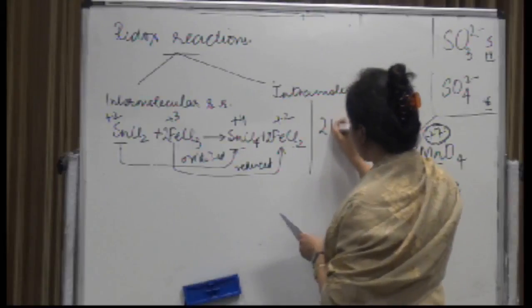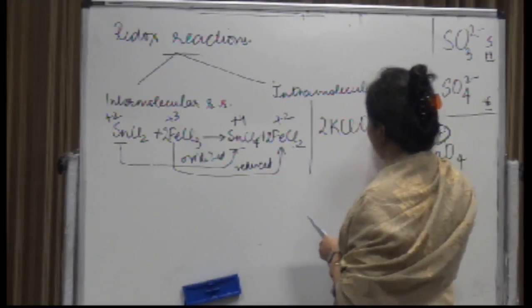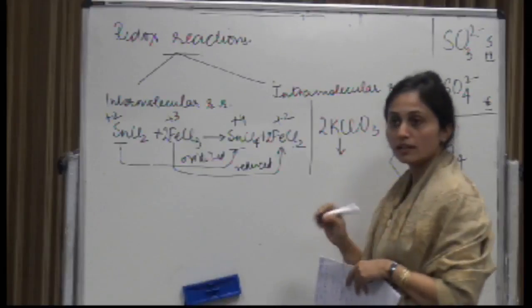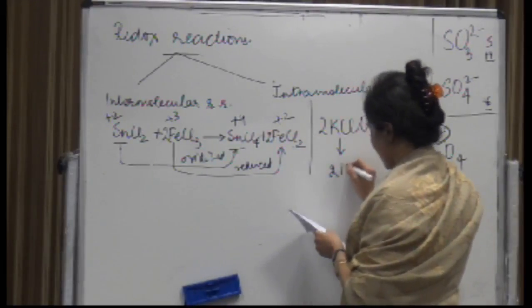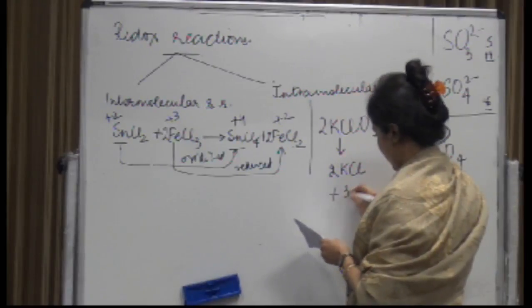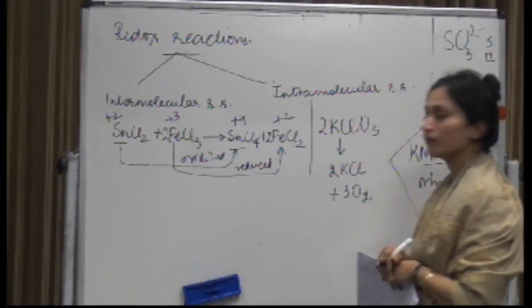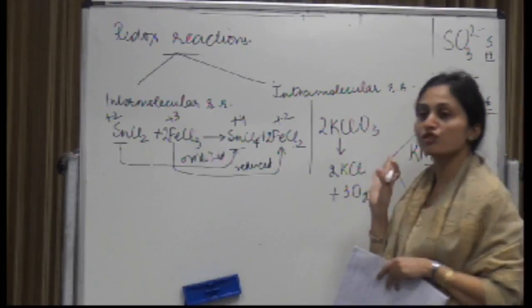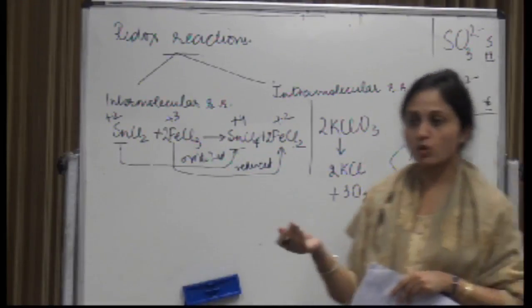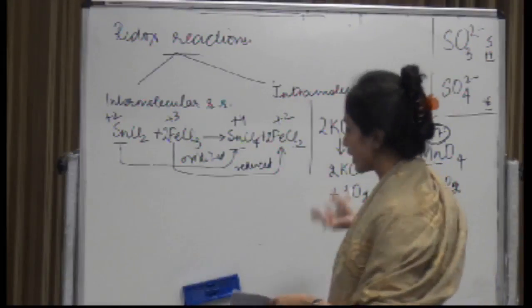You have like KClO3. Okay, KClO3 gets split into KCl and O2, right? This is a reaction in which इसको हम disproportionation reaction भी बोलते हैं. I will talk about it again, but if you get it, fine.